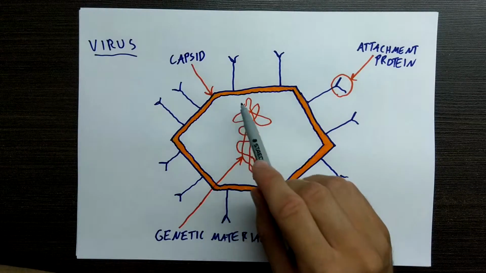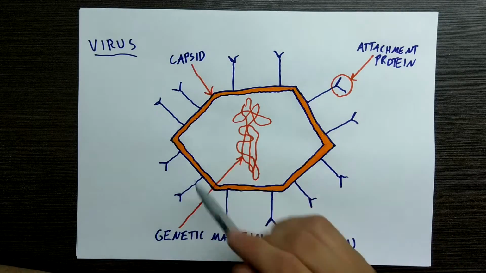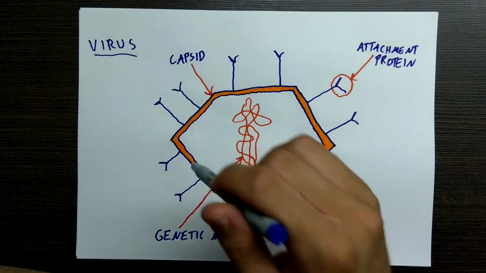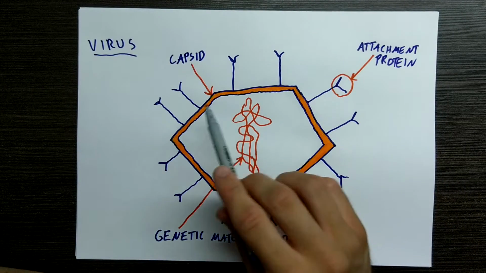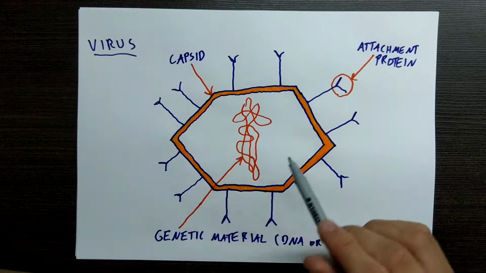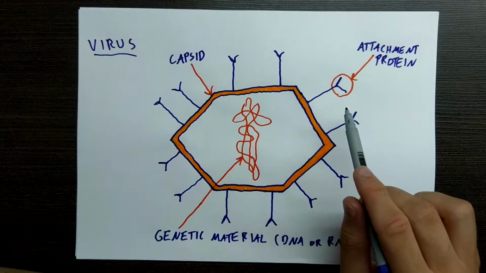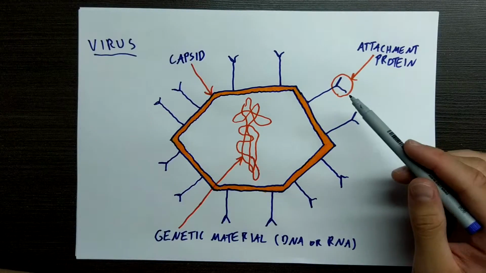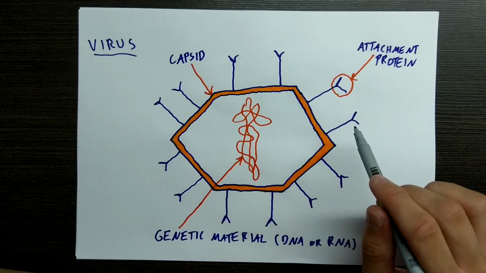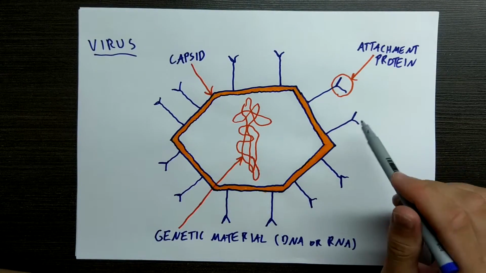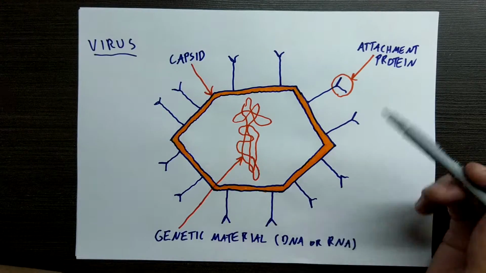It holds the genetic material inside, so it holds what's supposed to be inside, and it gives the virus a bit of structure. It also holds the attachment proteins, which are proteins necessary to attach to cells. This is important in virus invasion. The virus uses these attachment proteins to attach to a cell or a bacterium and to commence the whole invasion process.